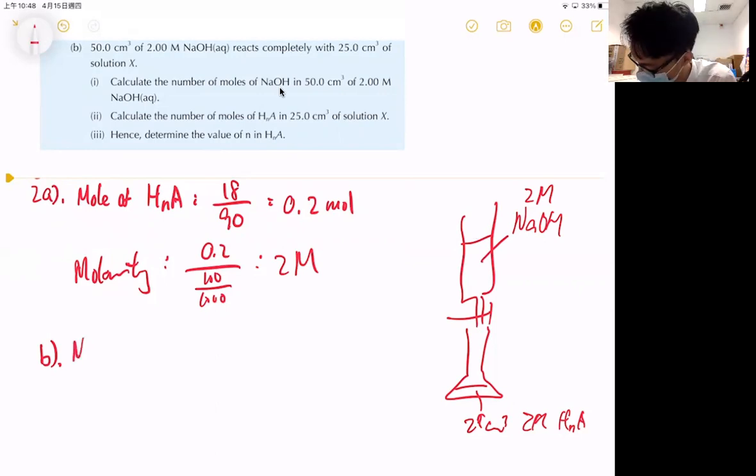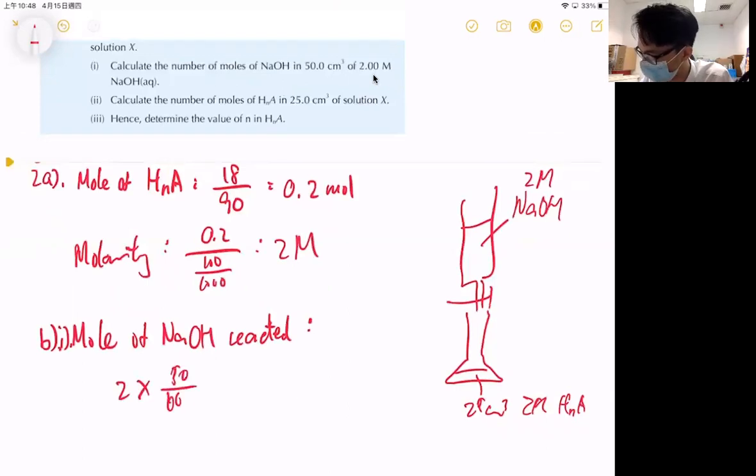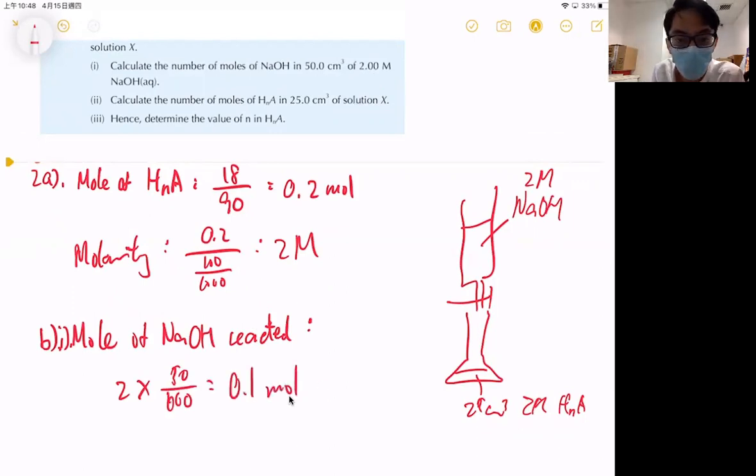So the moles of sodium hydroxide reacted will be, we have the volume, we have the molarity. So molarity times the volume, and you will get the number of moles. So 0.1 mole of sodium hydroxide will be reacted in this case.